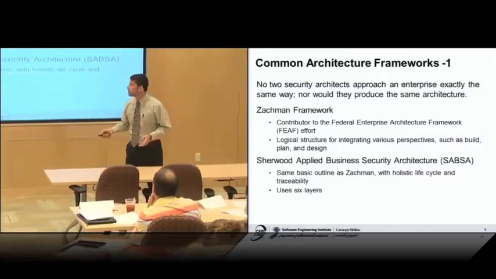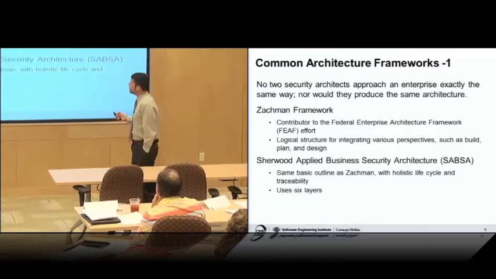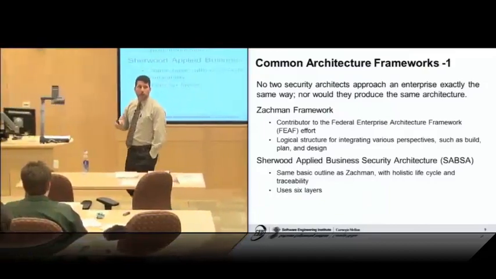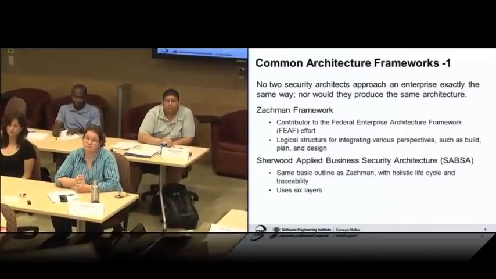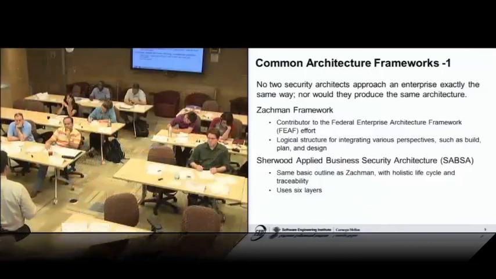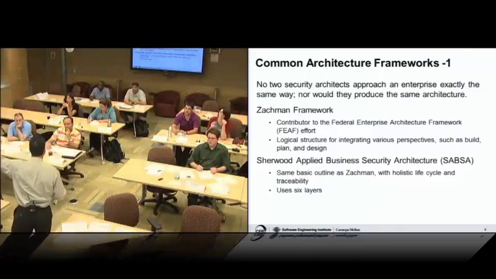Here are some frameworks that can be customized or can be used that you can mold to your own enterprise. Zachman helped build the Federal Enterprise Architecture Framework. It's a way of looking at various project perspectives: build, plan, and design. Anyone played with Zachman before?